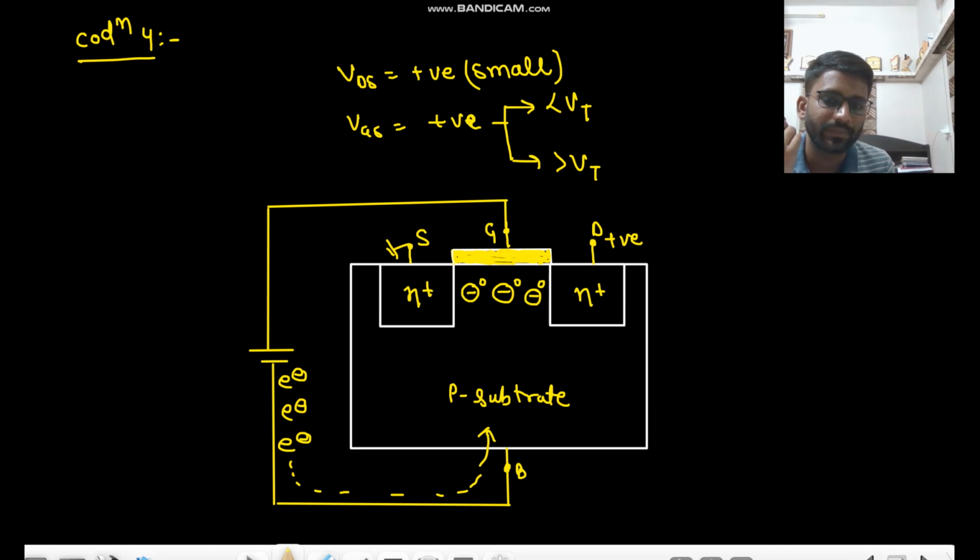Electrons are there, electrons are going in. First it will neutralize, then there will be some layer formed. So better we should make it something like this. These are getting neutralized by the electrons, and this inversion layer is getting formed.